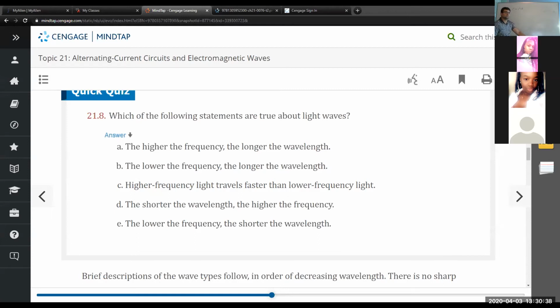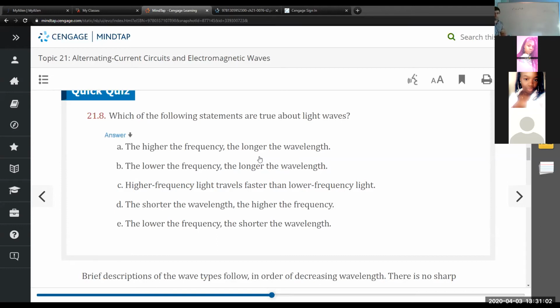Wouldn't the shorter wavelength mean it's like higher frequency, because when it's frequent, it's going really fast, so it's making them fast like on a graph? Okay, that's a very interesting way of putting it. You're correct. Higher frequency and shorter wavelengths are associated.